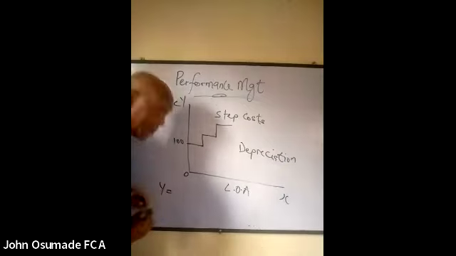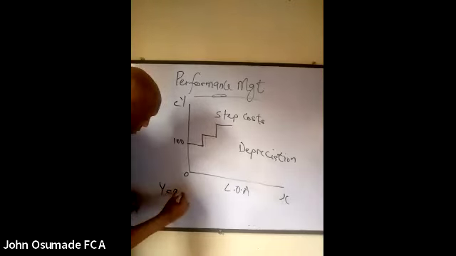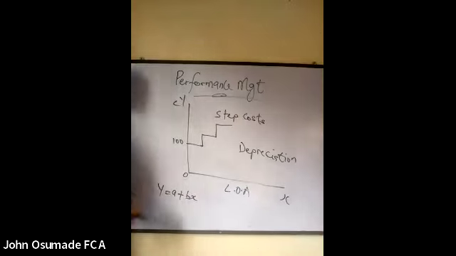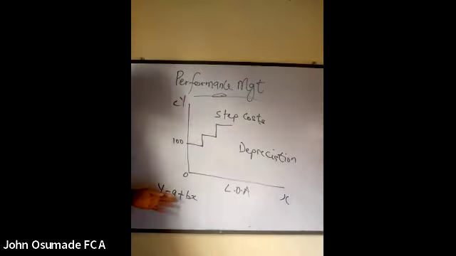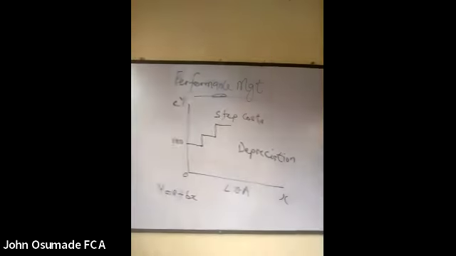Y is the total semi-variable cost, where a is a fixed cost. Don't forget, I told you that fixed cost is treated as period cost and also in total. So y equals a plus bx.